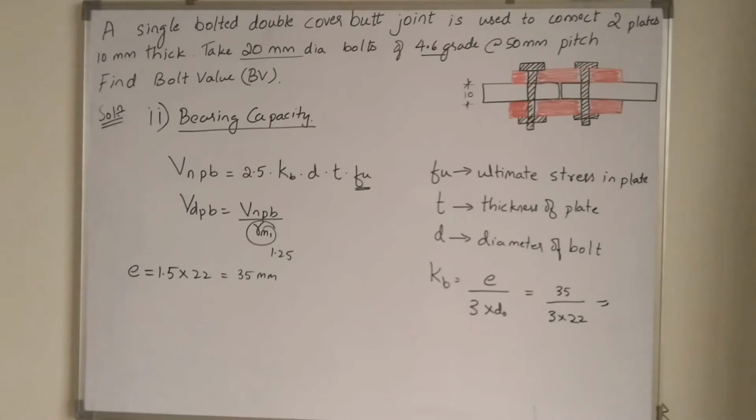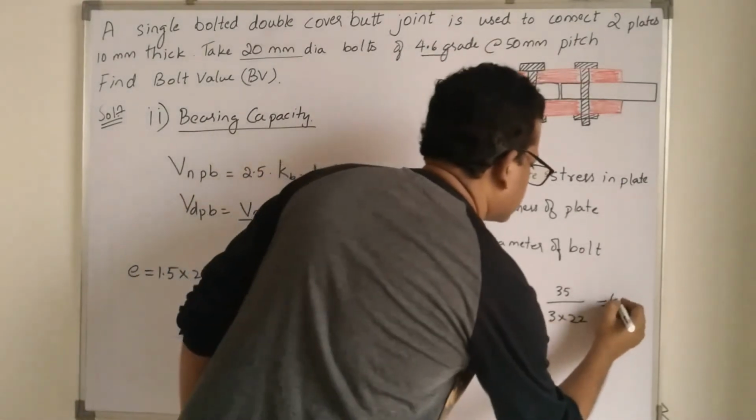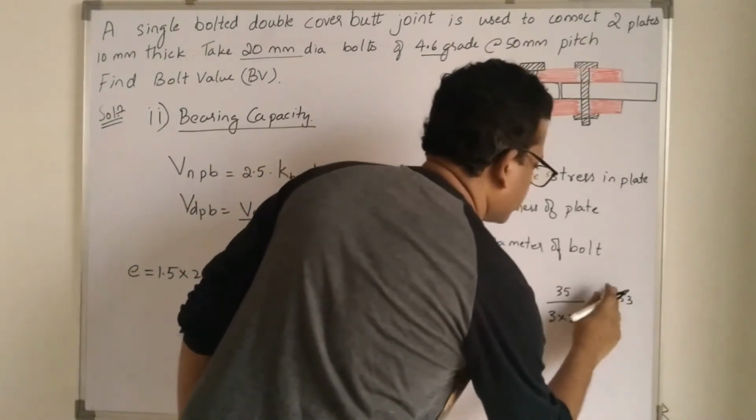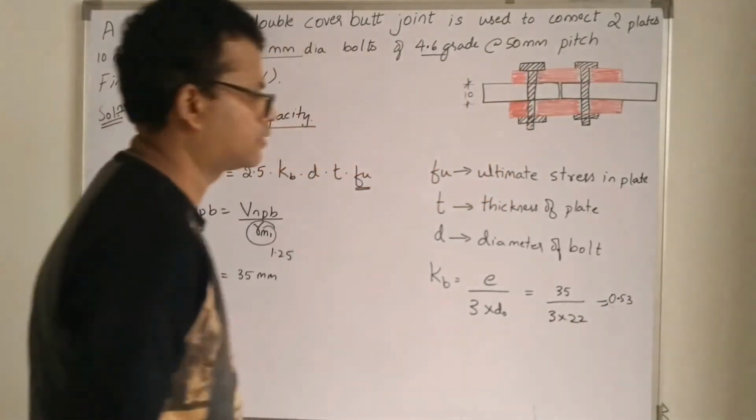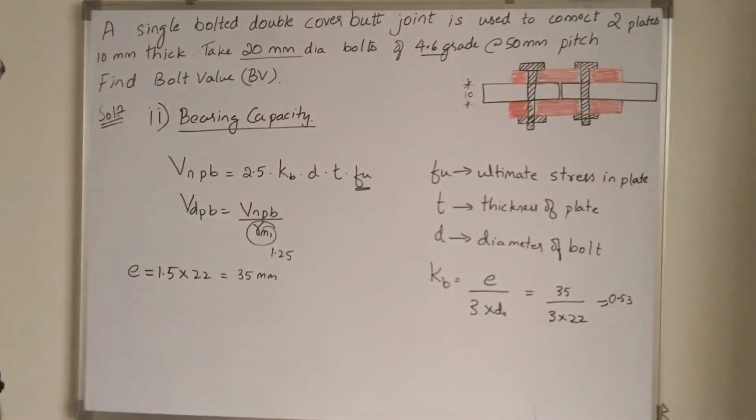Maybe 66, 0.53. Okay, so this is the first option.